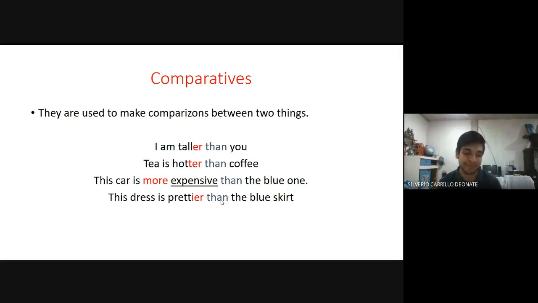Okay. So in this case, we're working with comparatives. Then for next class, I have a surprise prepared for you. So what I need you to do is to look for information about superlatives. Okay.